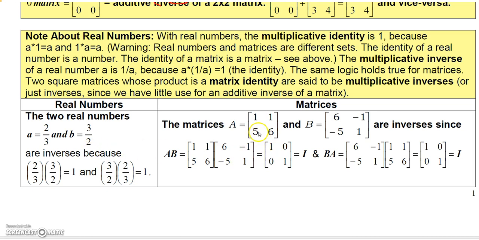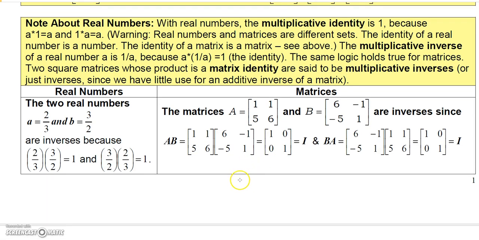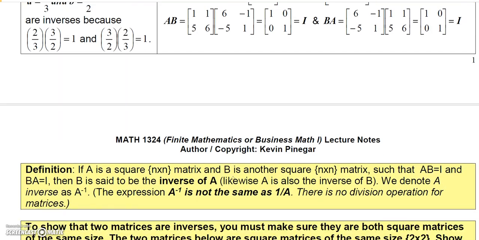Well, with matrices, if you multiply two matrices together and get the multiplicative identity, then we know that those two matrices are inverses. So these two matrices are inverses because when you multiply them together, you get the multiplicative identity. And so that defines what a matrix and its inverse will be.